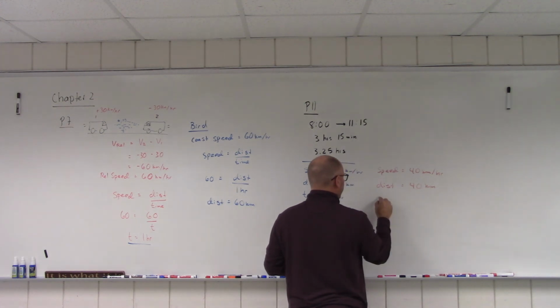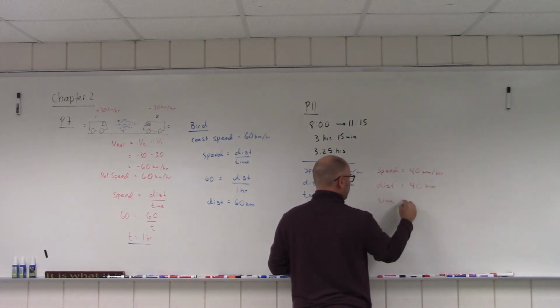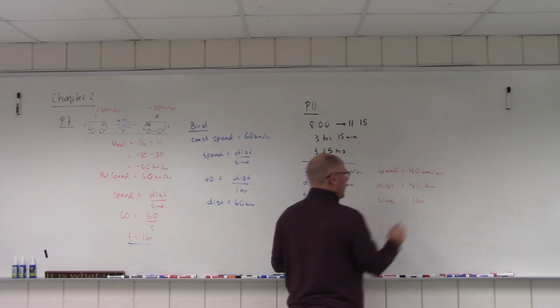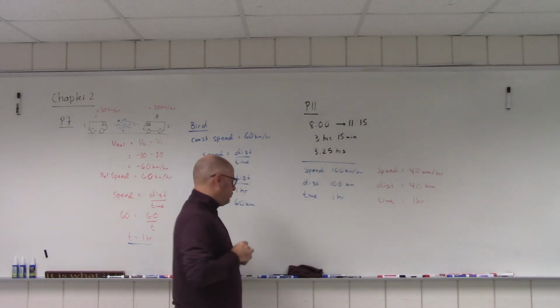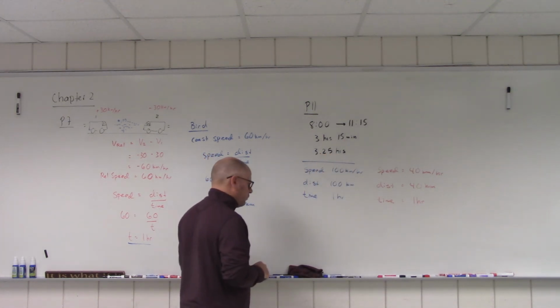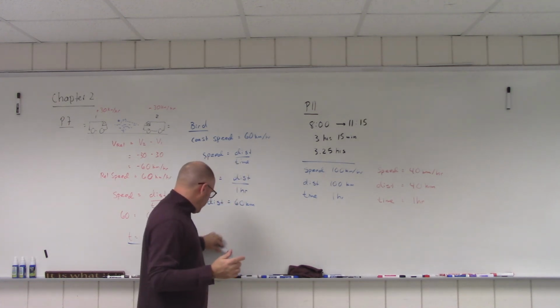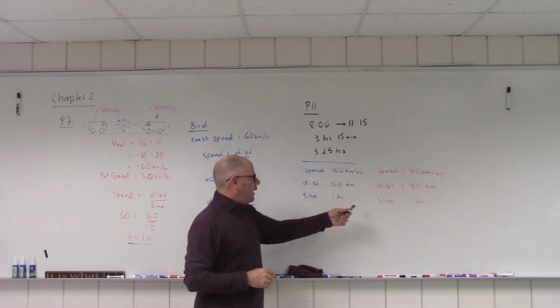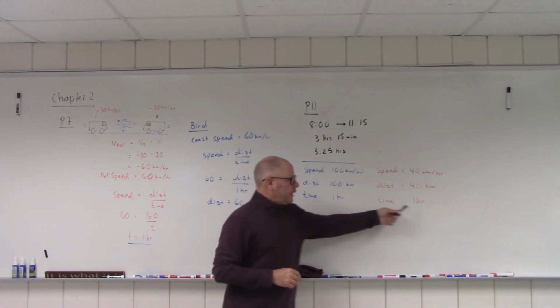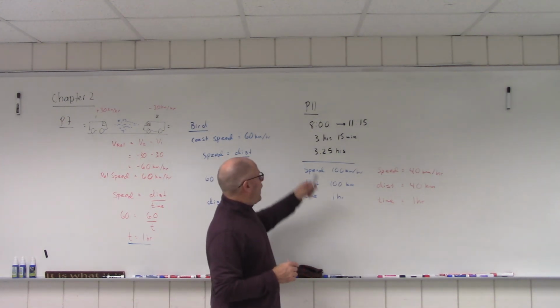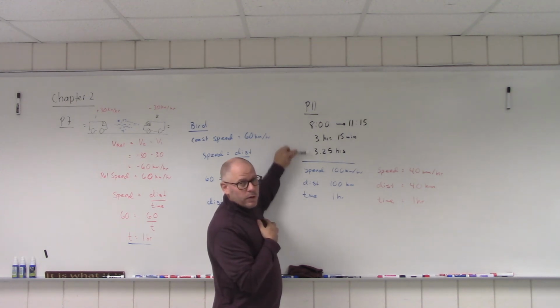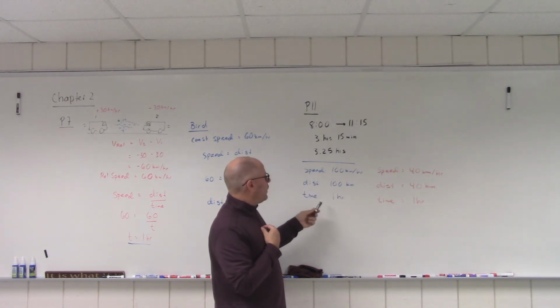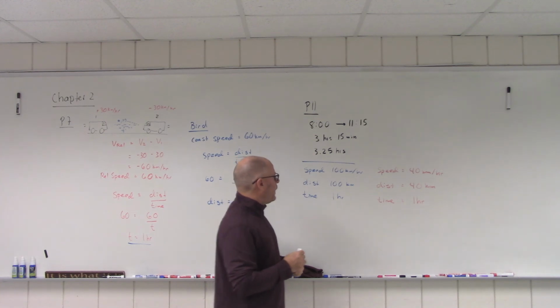Therefore, it took another 1 hour. Okay? No big deal. So then the question is, how much time do I have left? Well, I went an hour here and an hour here. So I had 3 1/4 hours. I've used 2 of them. Okay? So we need to figure out what's going on in part 3.